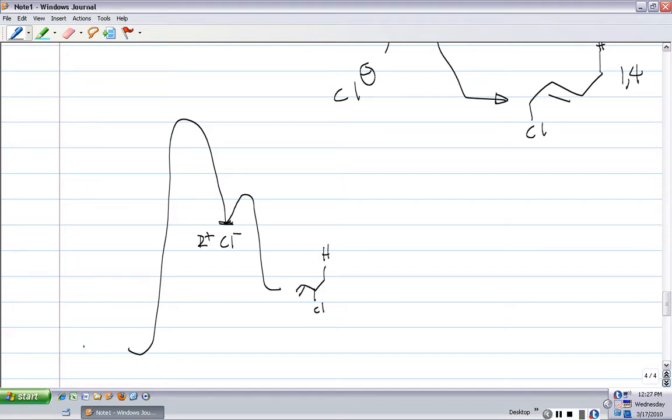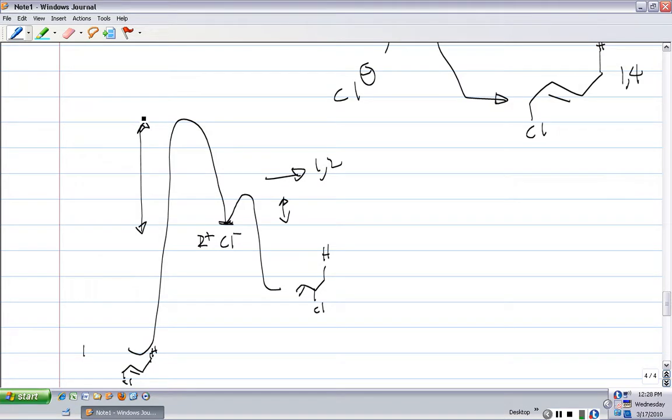This would be my 1,4 product. And attack to give the 1,2 species is easier. In other words, I've got a lower energy barrier. Attack to give the C4 product is more difficult because the carbon is less positive, and so that's going to give rise to the higher energy barrier.